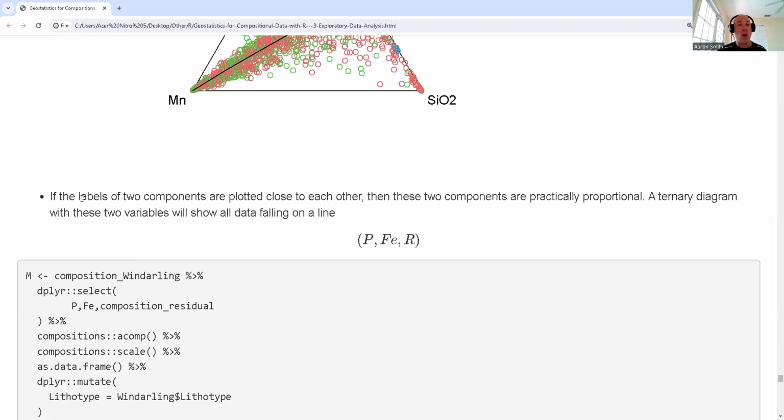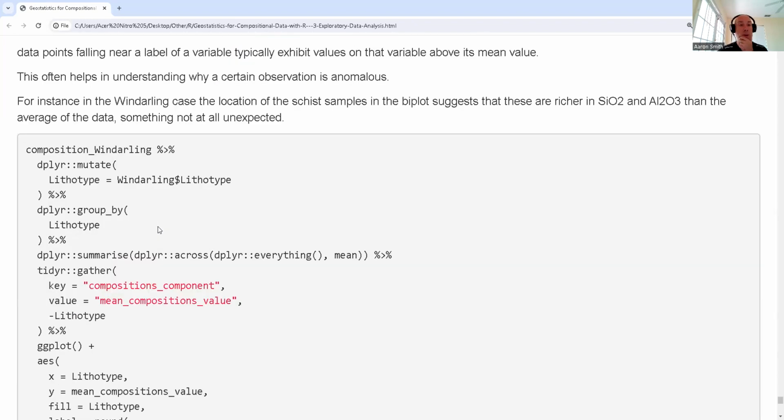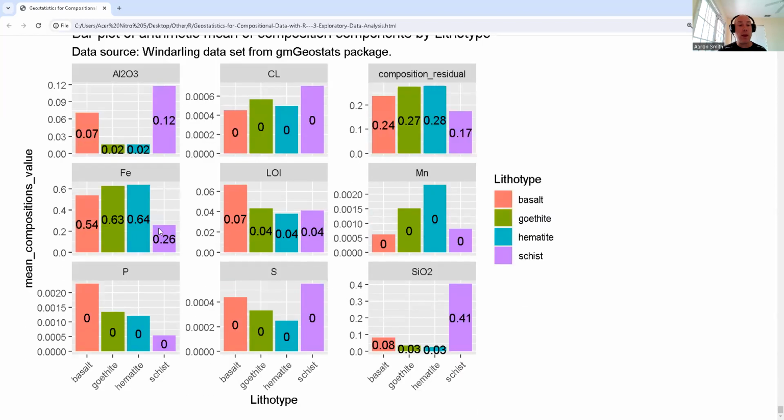If two labels are very close to each other, then they're practically proportional, and these variables will show up on a line in the ternary plot. And if we see dots that are close to the actual arrow label, we know that they're going to be proportionately larger in that particular variable. And so this is a huge win for us to look at the biplot and be able to figure out what's going on.